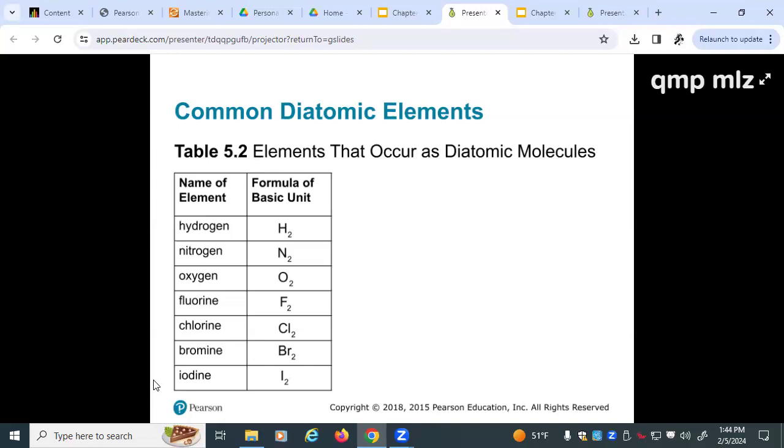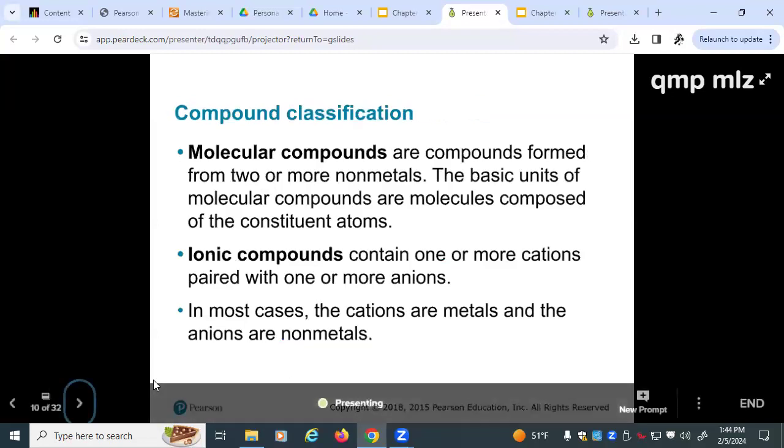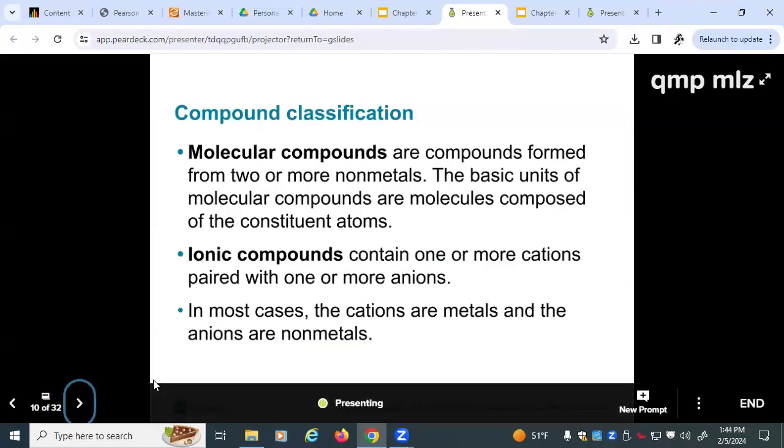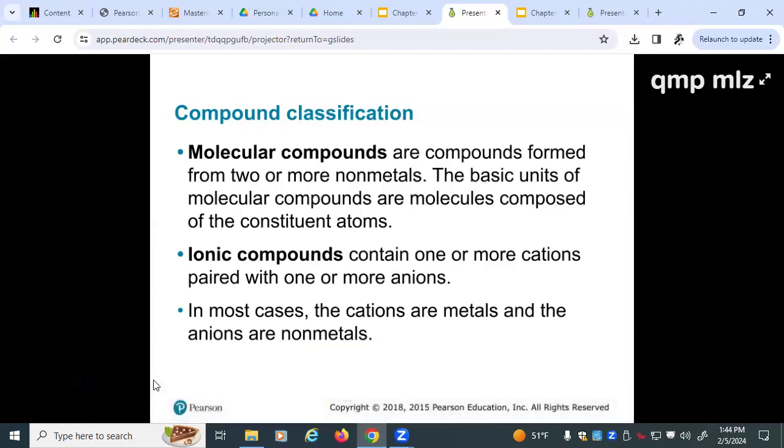But the reason it is there is because it does exhibit similar properties to the alkali metals in terms of its reaction with nonmetals. But it exists as a diatomic molecule as well. So that's the first sub-classification that we look at when we're starting to think about things coming together.